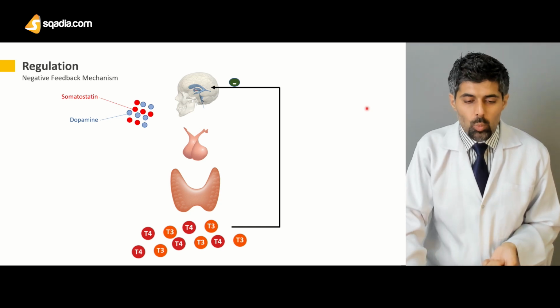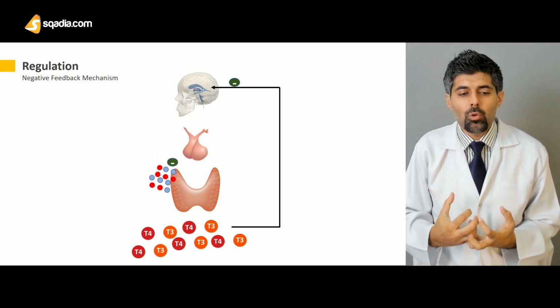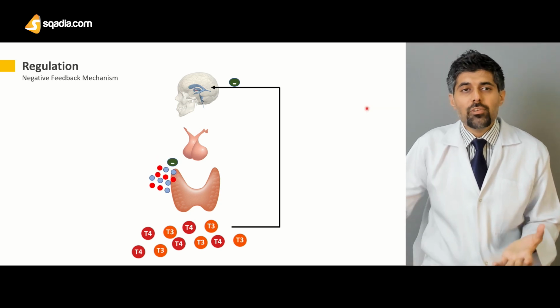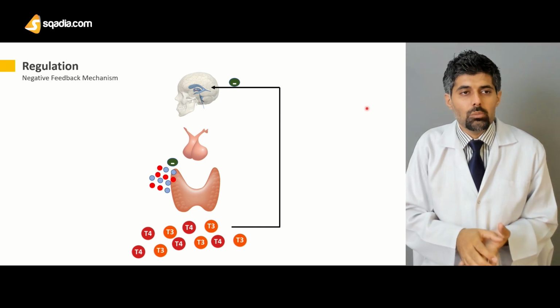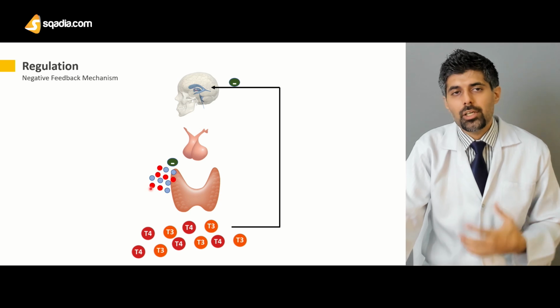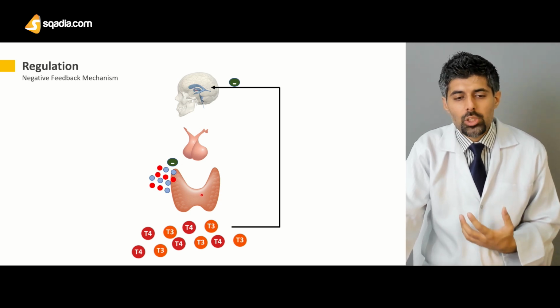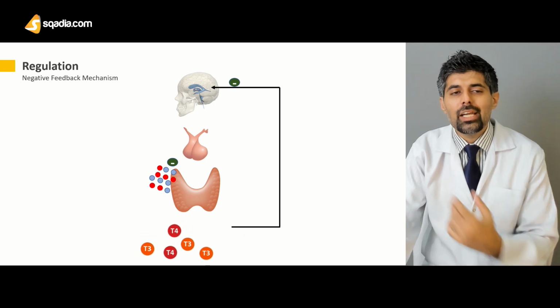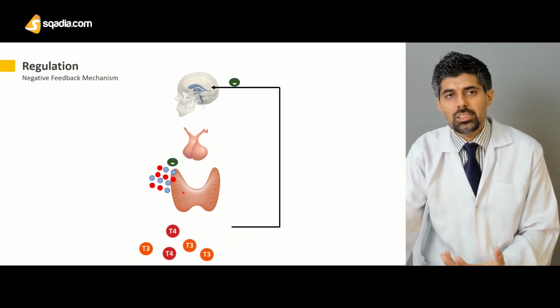Or when T3 and T4 are decreased, either due to the negative feedback on the hypothalamus or due to the effect of somatostatin or dopamine on the thyroid gland, the amount of T3 and T4 is decreased.